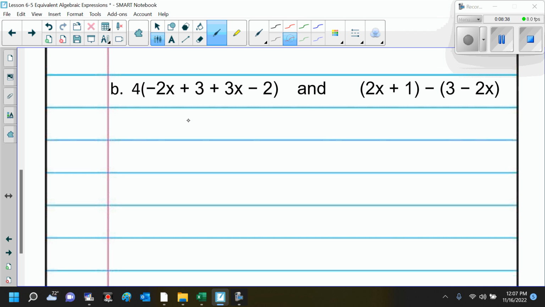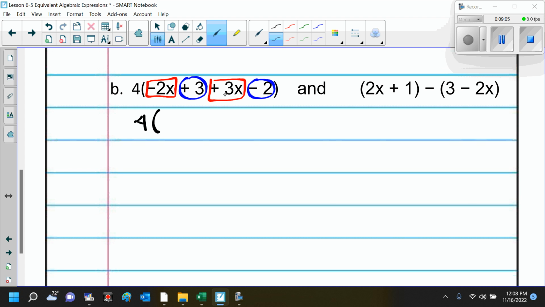Very good. So here we've got a negative 2x and we've got a positive 3x. We've got a positive 3 and a negative 2. So now we can combine those like terms. Okay? So we've got 4 times a quantity. Let's see.